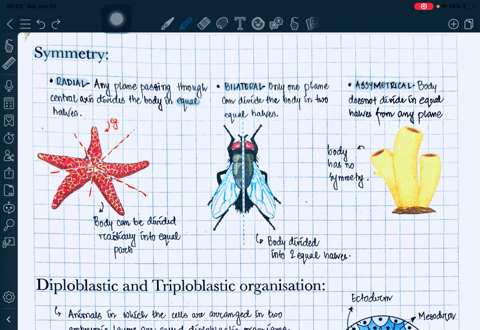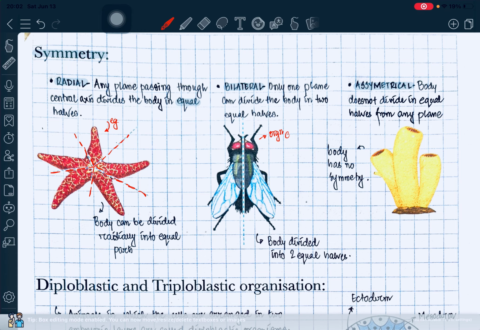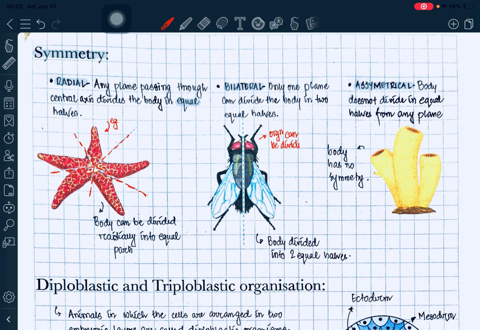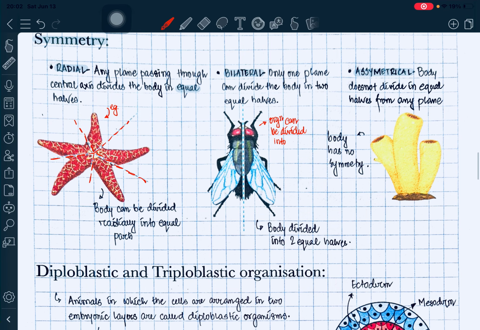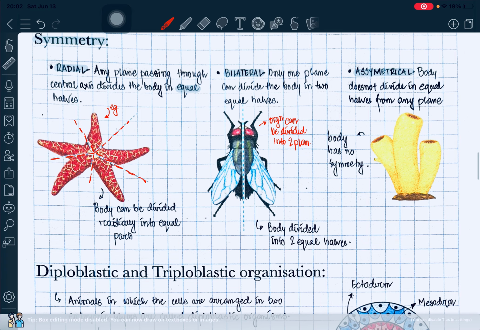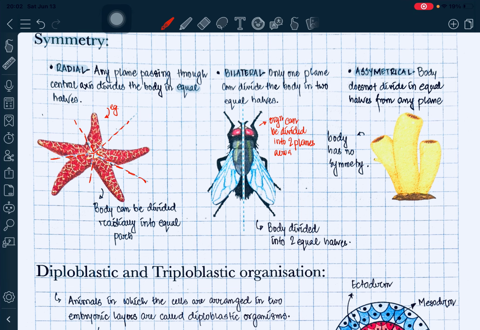Now in the second case, where we have bilateral symmetry, the organism can be divided into two planes across one axis.